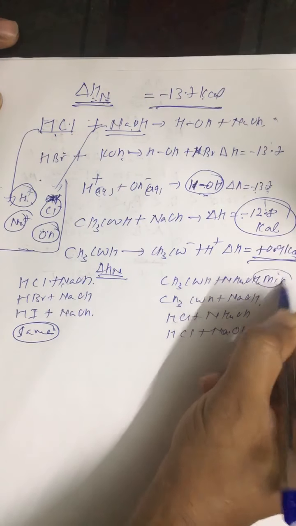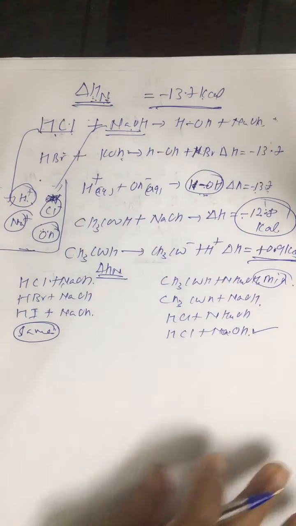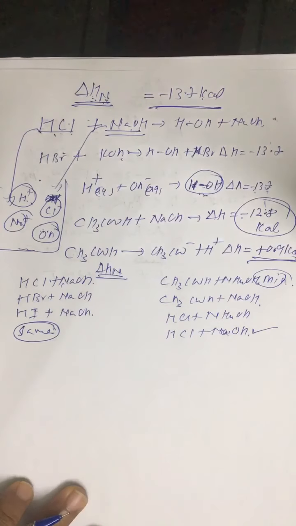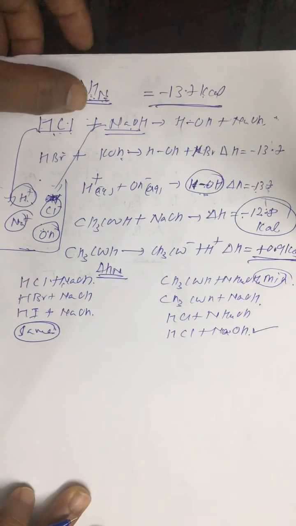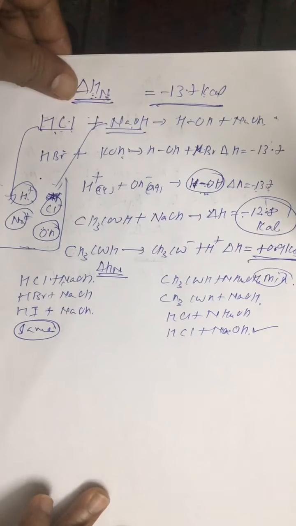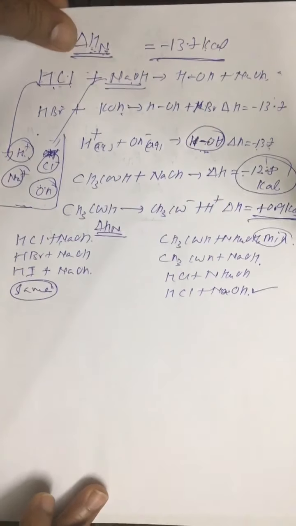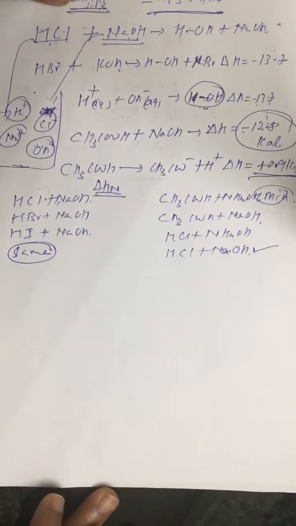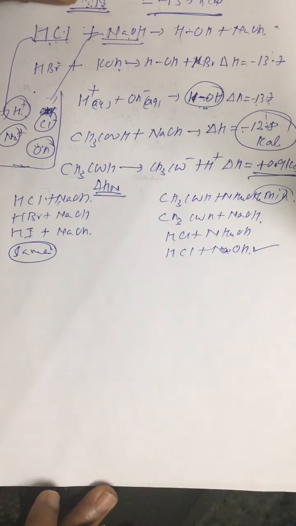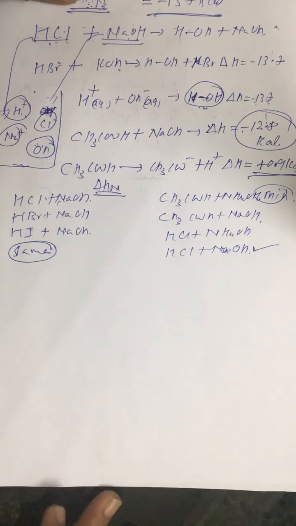Here the first case gives the minimum, because both acid and base are weak, so obviously both of them will absorb some heat for self ionization. That is why the heat released is minimum in this case.